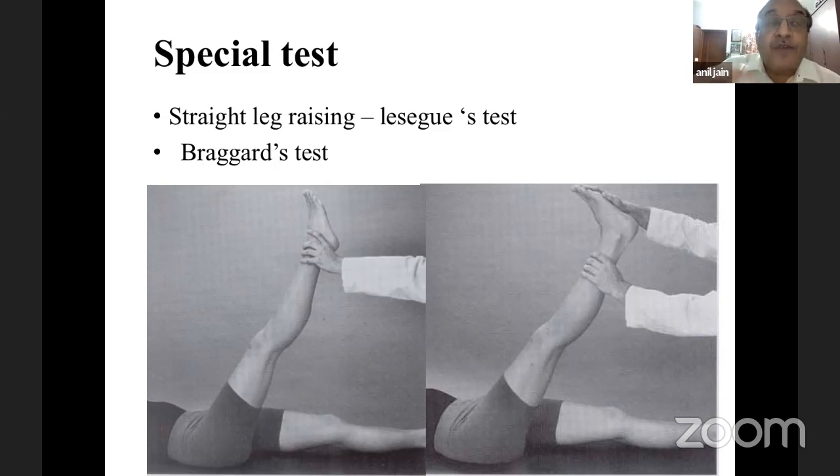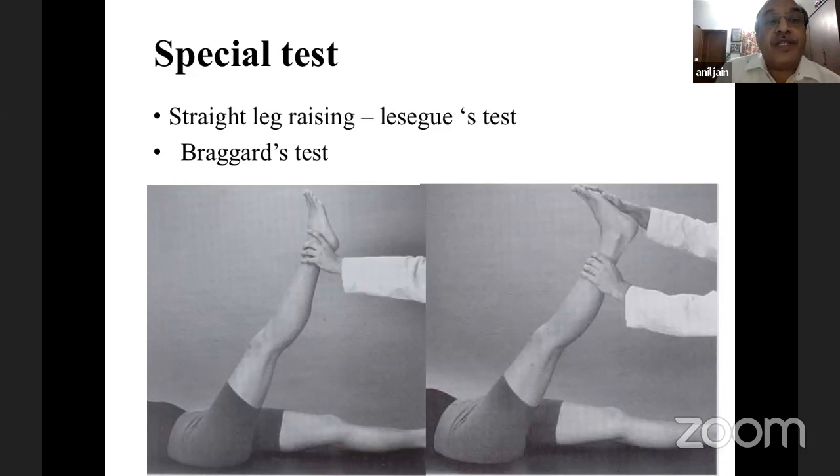Now, the rationale of this is that in the root canal, the nerve is lying and there is a small prominent disc over there. When you do flexion of the hip with an extended knee, these roots are generally stretched or pulled by 2 to 3 millimeter in the spinal canal. If there is pressure and prominence of the disc, then this nerve may get irritation or provocation because of that.